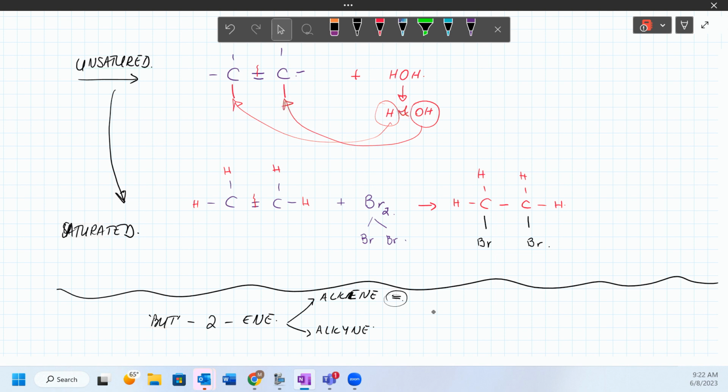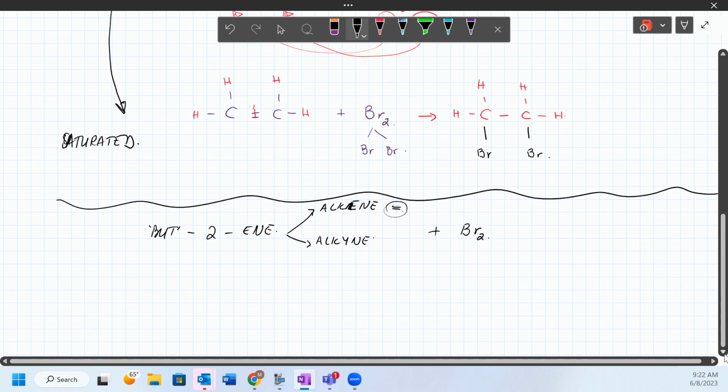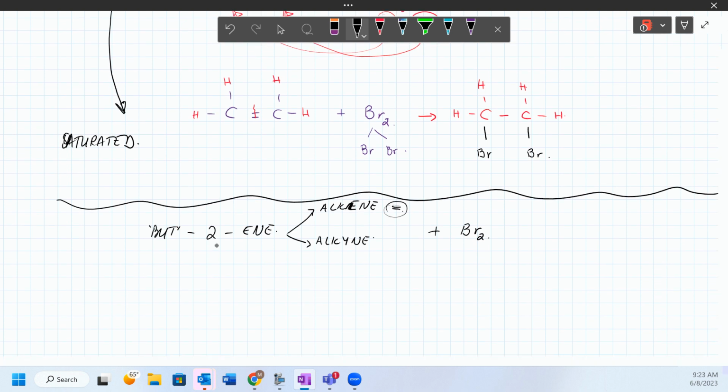If we are drawing the structural formula of this, so but-2-ene is reacting with, let's say, bromine. In which place is the double bond? Starting at which carbon? First, second, third, or fourth? Because we have only 4 here. It cannot start at 4.